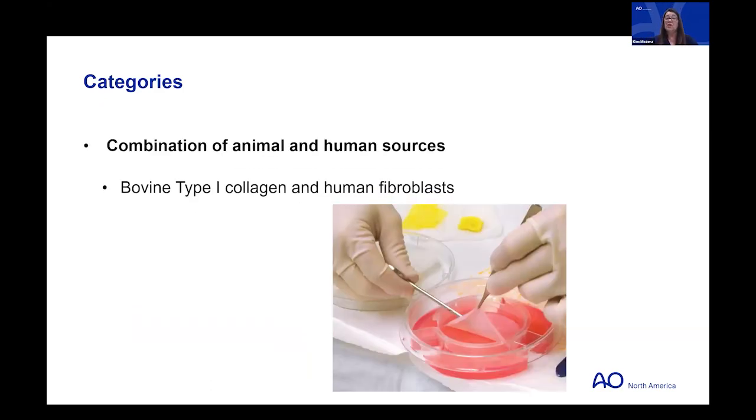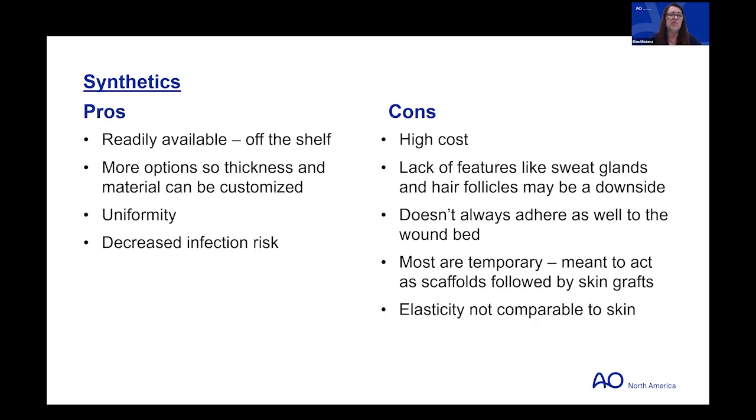There is a combination of animal and human sources that exists as well. And that's usually made of a type 1 collagen, a bovine type 1 collagen, and human fibroblasts that have various sources from where those fibroblasts come. So the pros: it's readily available, typically off the shelf.